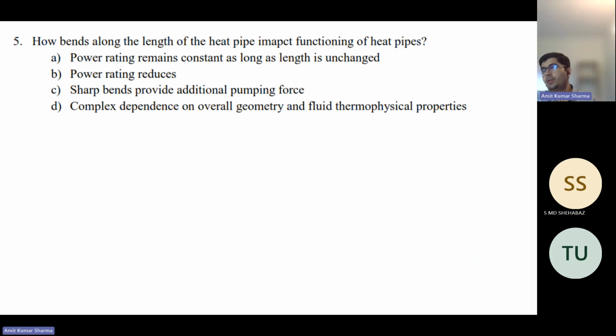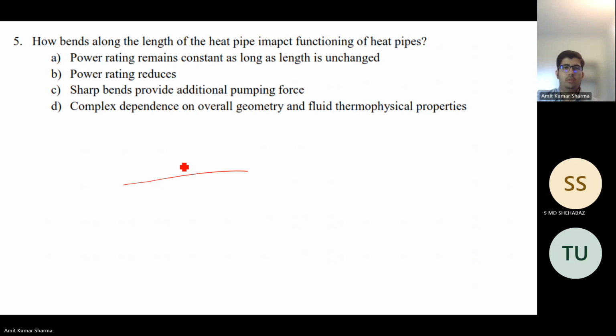For a hint, the answer is linked to the previous question. Think in that perspective. Like in the previous question, we discussed pressure heads and everything. So think with that mindset.